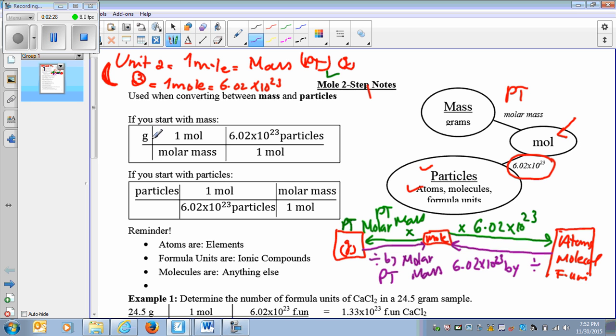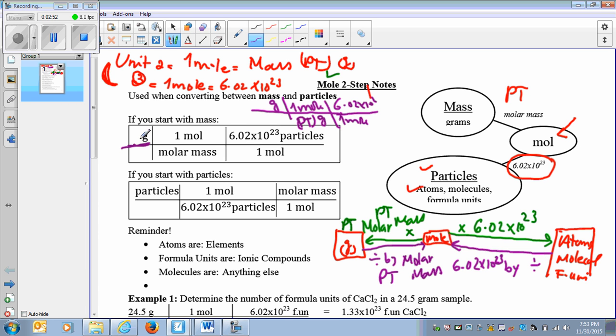So if you start with the mass in dimensional analysis, you put grams here, and if you have grams here, you need to have grams here. That gets from the periodic table. 1 mole goes there, and since you have 1 mole here, the 1 mole goes here, and you have particles here, 6.02 times 10 to the 23. So you see all the setup here.